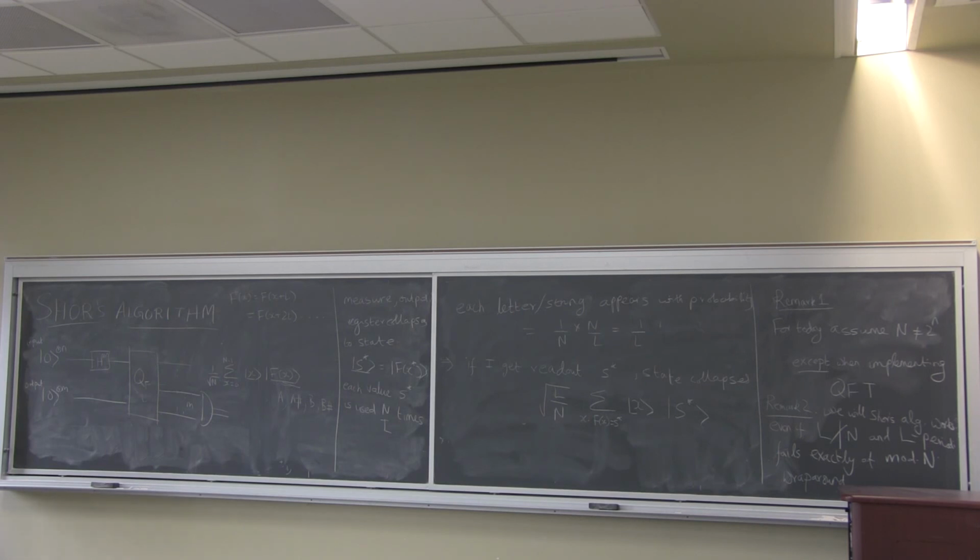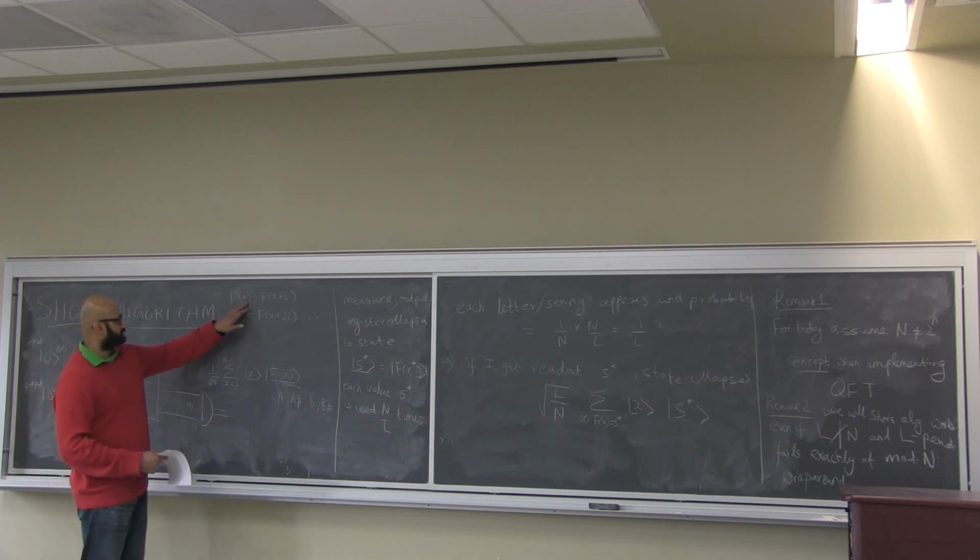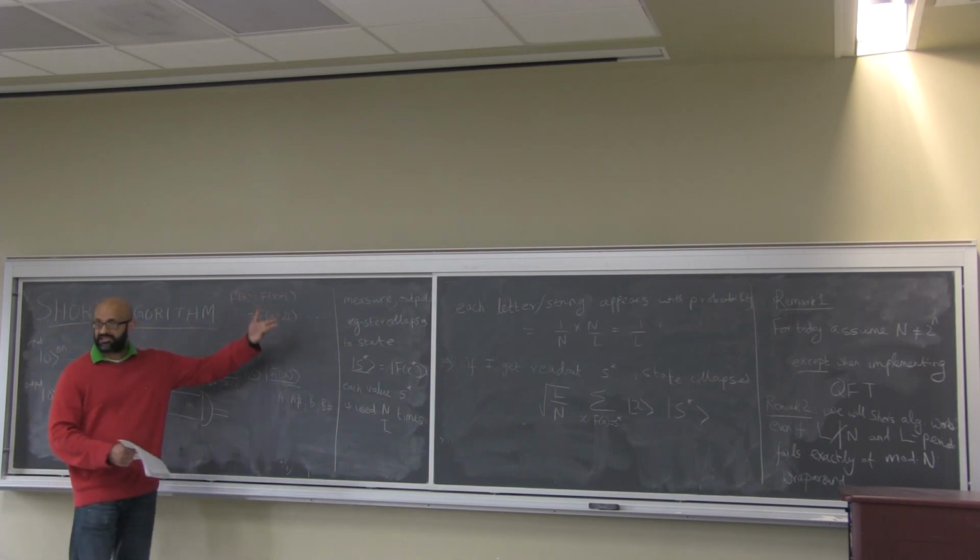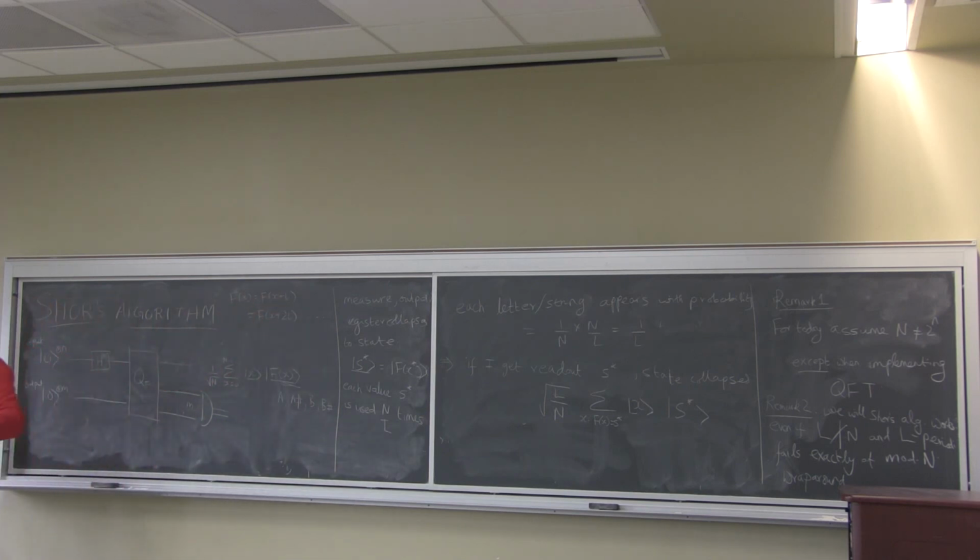At every value of the integers which are separated by L, f of x has the same value. And there are a total of 0 up to n minus 1 integers that you could think of. Okay? And therefore, it breaks up this set into, as I'll even sketch in a minute, uniform spikes which are spaced by a period of L.